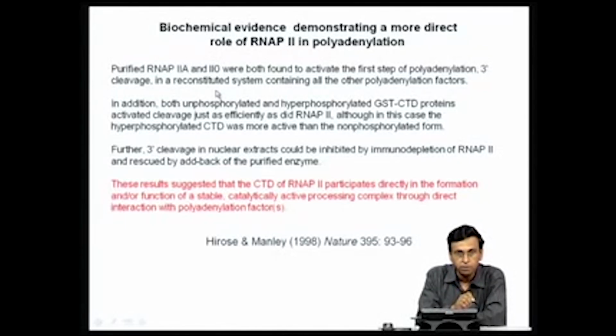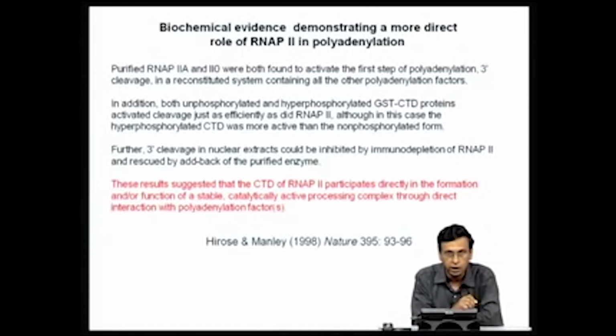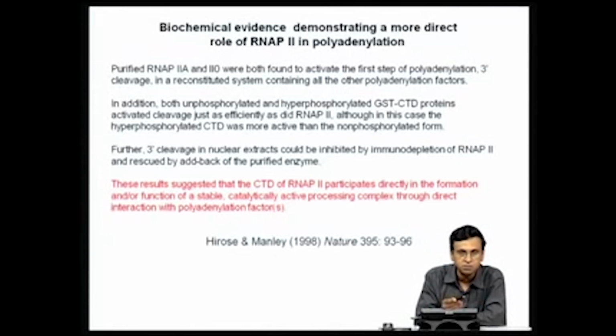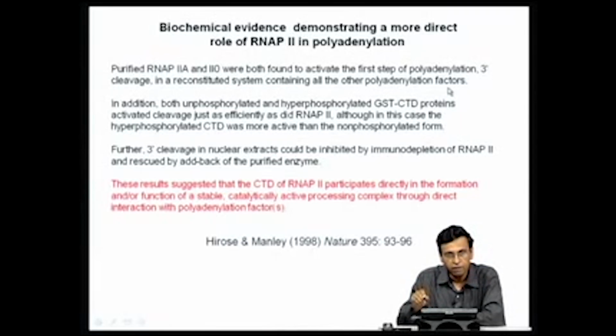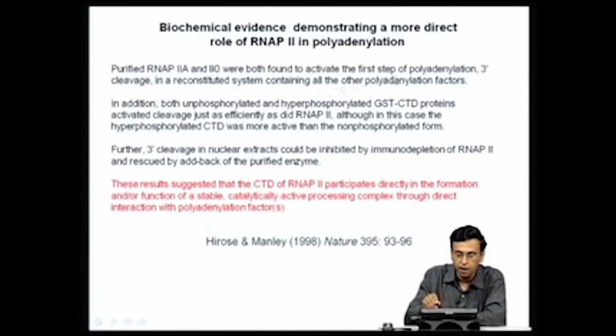As I mentioned previously, for the interaction of the poly A factors with RNA polymerase II, phosphorylation does not seem to play an important role. So, whether the CTD is phosphorylated or not, the RNA polymerase II efficiently interacts with poly A factors, and therefore both of them are capable of promoting polyadenylation in a reconstituted system containing polyadenylation factors and RNA polymerase II.